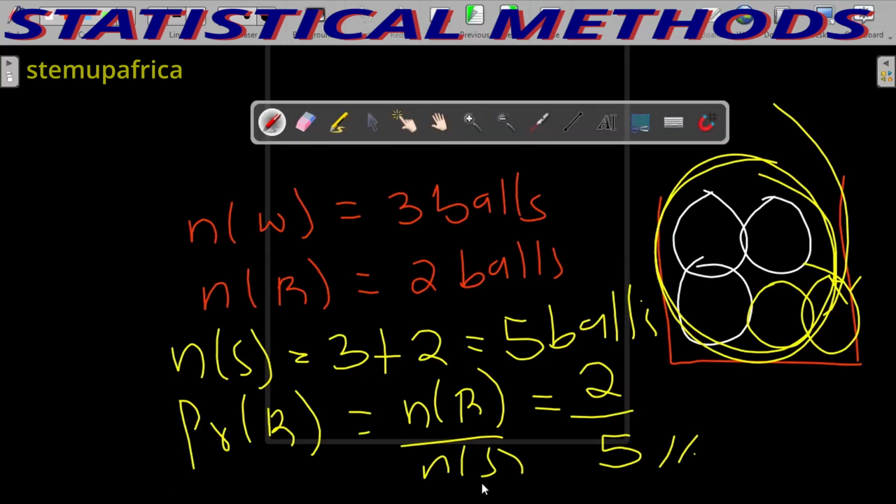Okay. This is X. N bracket X. Let me rewrite it. This is over N bracket X, which stands for sample space or total number of balls.